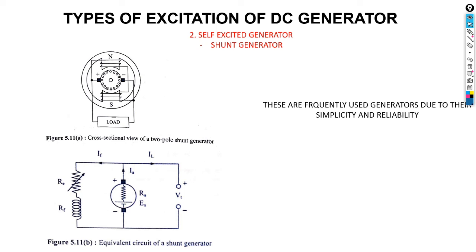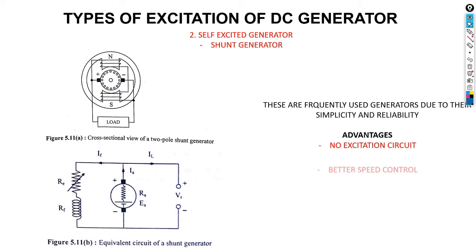Okay, so what can be the advantage of this type of excitation? You have no excitation circuit, which means we don't need any external source like a battery to connect for us to produce flux. The flux it generates itself.